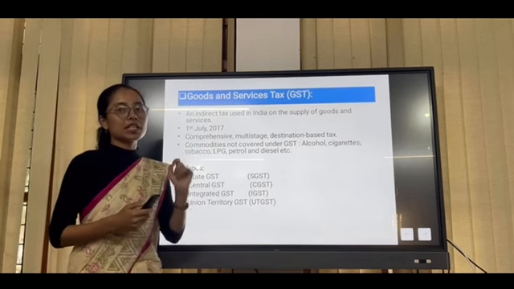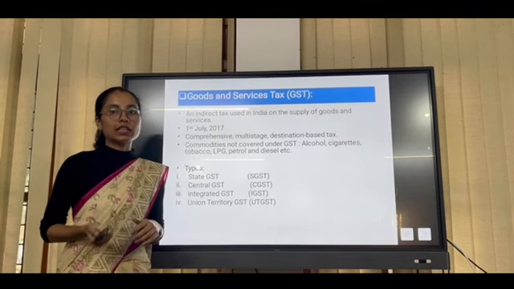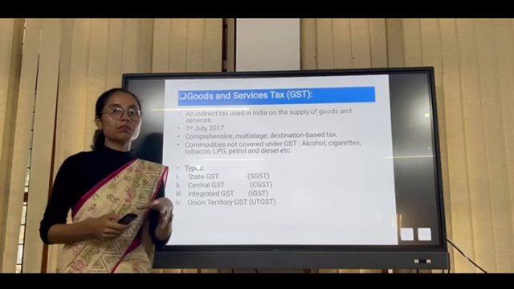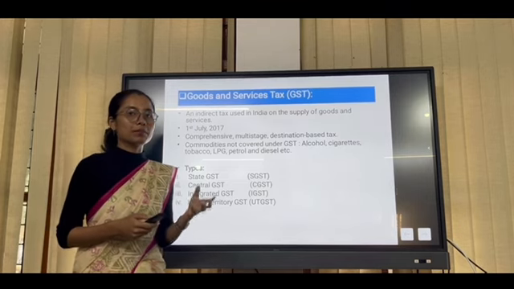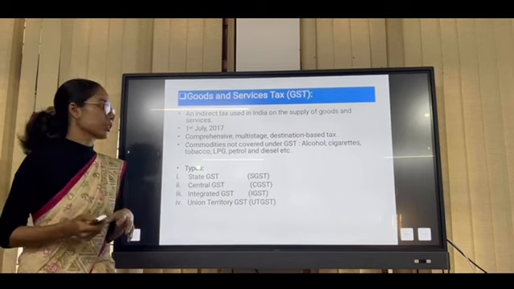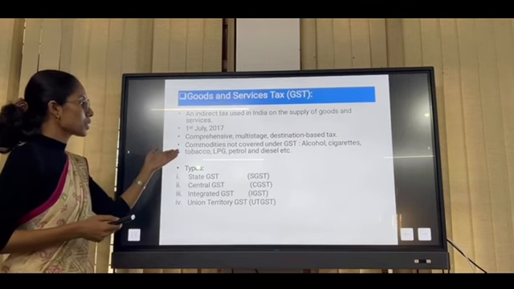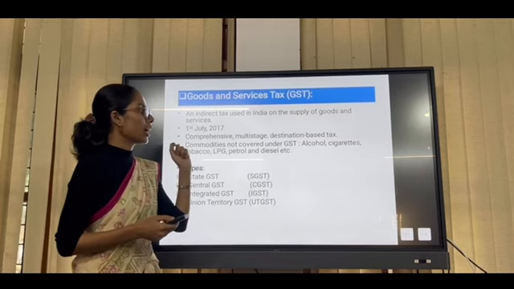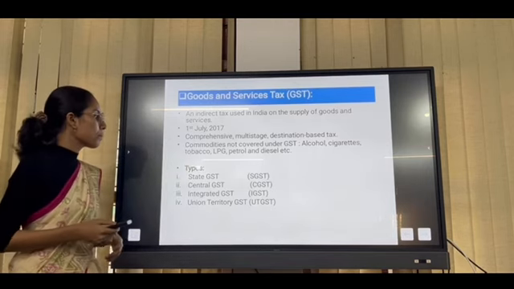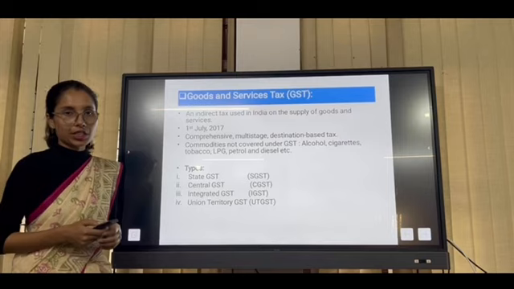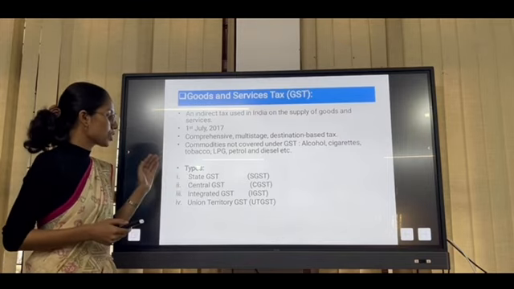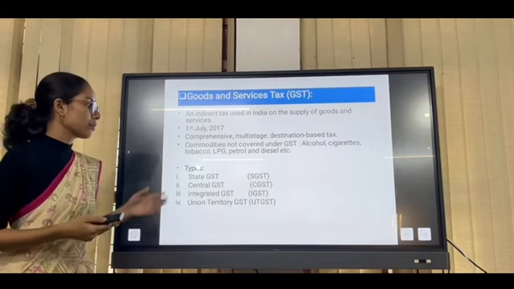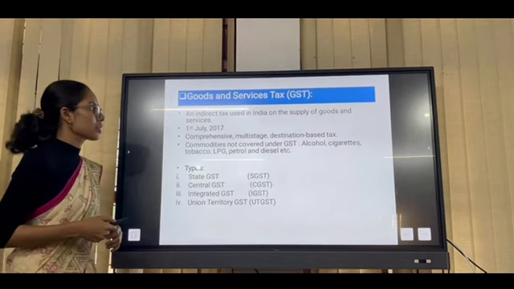Destination based tax means that tax is now collected at the place where the final consumption of the commodity is happening, not at the place of its production. Certain commodities not covered under GST include alcohol, cigarettes, tobacco products, etc. There are certain types of GST, which include SGST, CGST, IGST, UTGST. We will discuss these concepts in detail later.